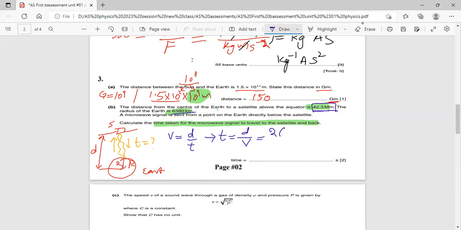So we say 2 times 42.3 into 10 power 6, because that is mega, minus 6380 into 10 power 3. So that is the distance, and the whole is divided by v, the speed. Speed of microwaves is 3.0 into 10 power 8, right? So the answer is 0.24 seconds.